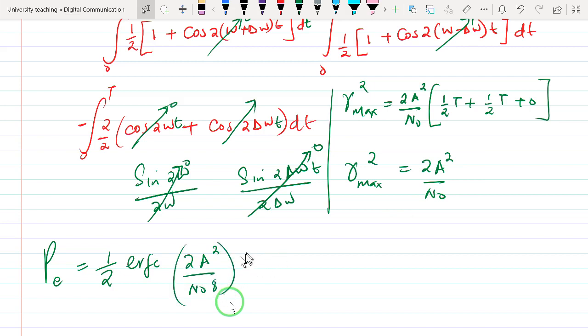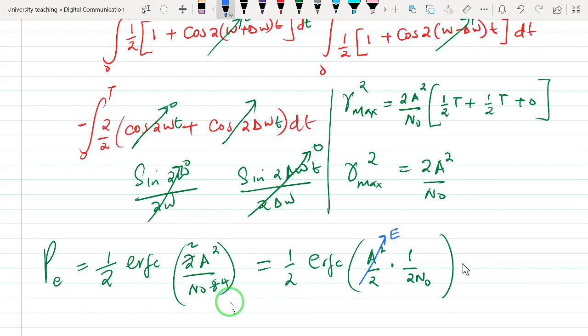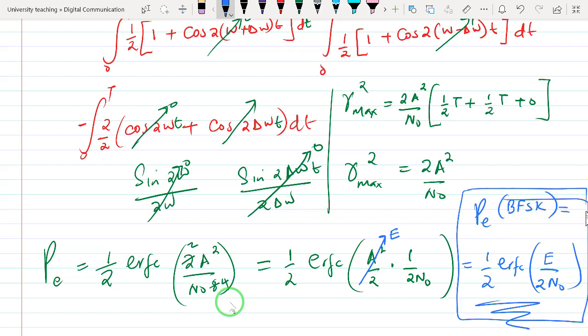So when we break this expression further, this equals 1 over 2 erfc of A squared over 2, dividing by 2 over 4, so we have 1 over 2 N0, because I have broken the 4 into 2 times 2, so that we can express this term as E. Therefore, the final expression for probability of error becomes 1 over 2 erfc of E all over 2 N0. That is the expression for probability of error of BFSK. That is our final solution.